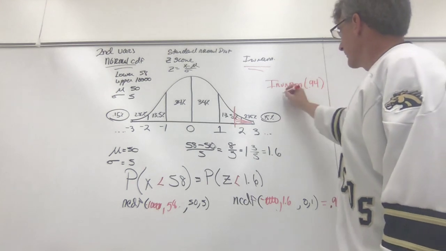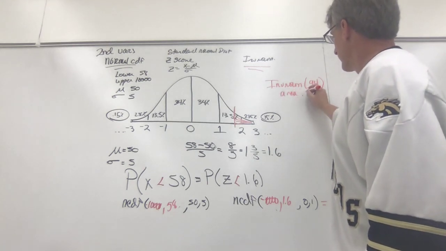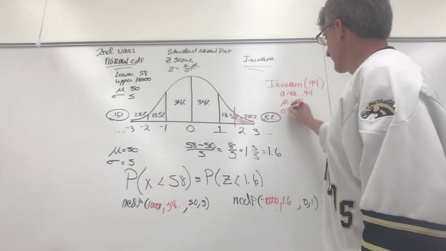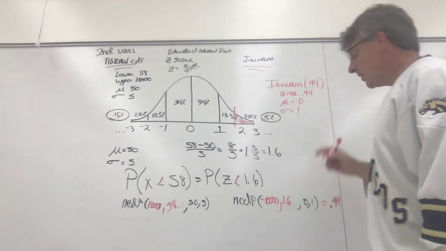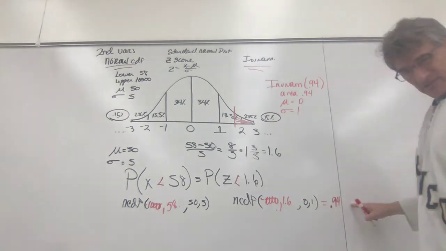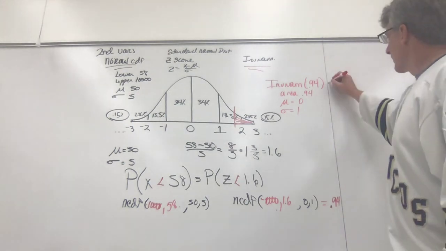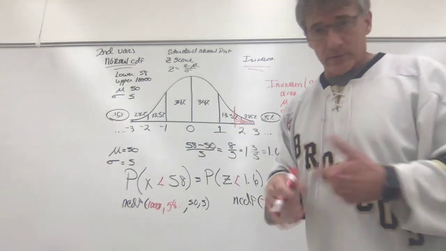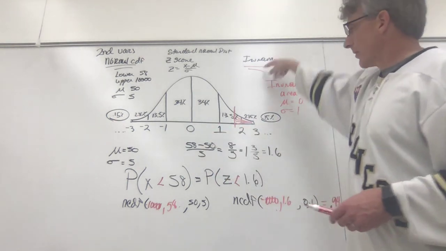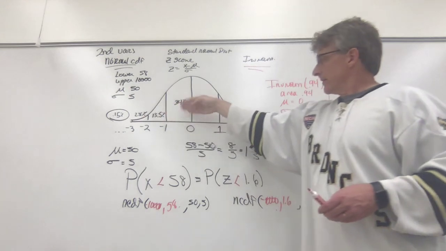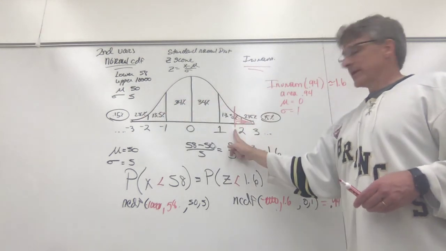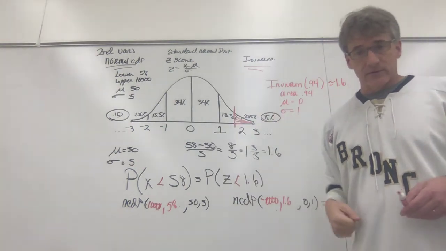In the more modern version, it'll say area, and you give it 0.94. It'll say the mean, tell it 0, and the standard deviation, tell it 1. Because we're cutting off a bit of a decimal, we're going to get something that is about 1.6. So it works backwards. The inverse norm accumulates the area, and it says, oh, I'm at 94% of the area. What's my z-score? And it kicks out the z-score.